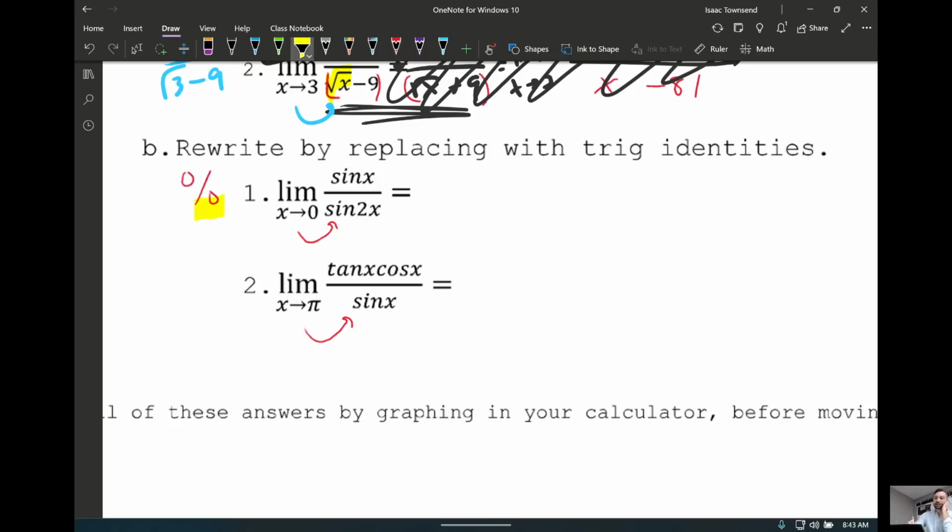This one is indeterminate form, unfortunately, because that means I have to do a lot more work. And down here, if I plug in pi, the tangent at pi would be 0, and 0 times anything is 0, so I don't care, over 0. So that one's indeterminate form too. Just wanted to double check this time.